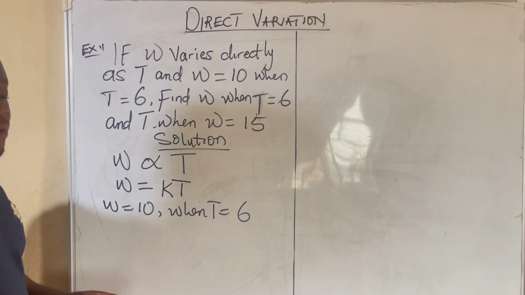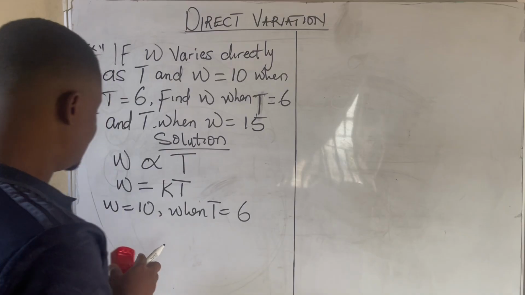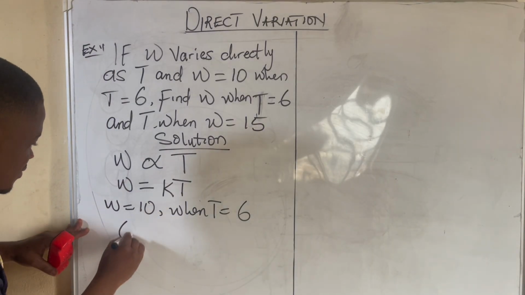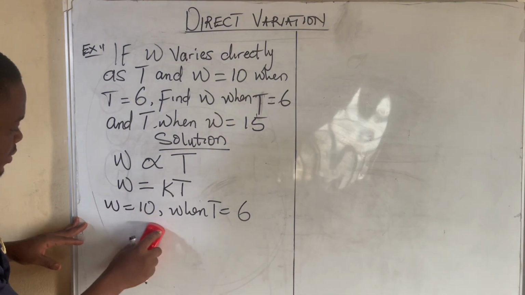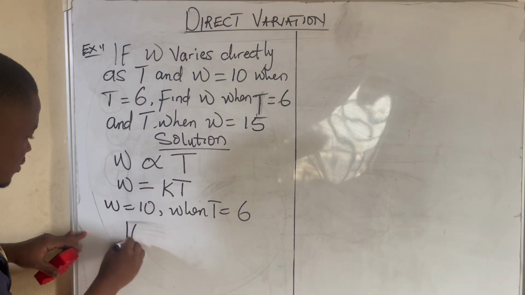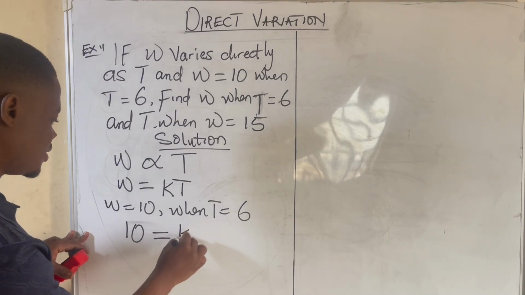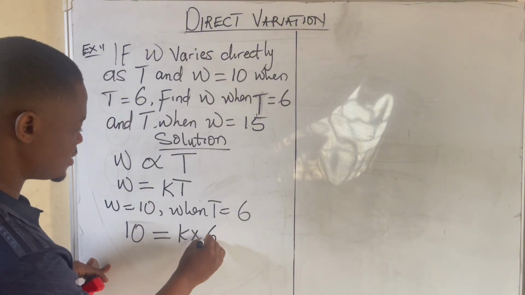So with this information, we can get the value of K. The value of W, 10, is equal to K times the value of T. T is 6.